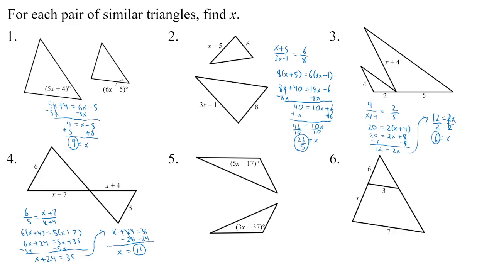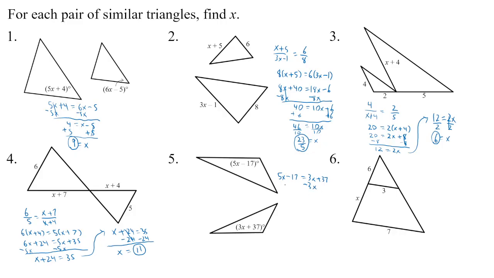Number 5, we have two angles. When the triangles are similar, their angles are congruent. Therefore, 5x minus 17 equal 3x plus 37.